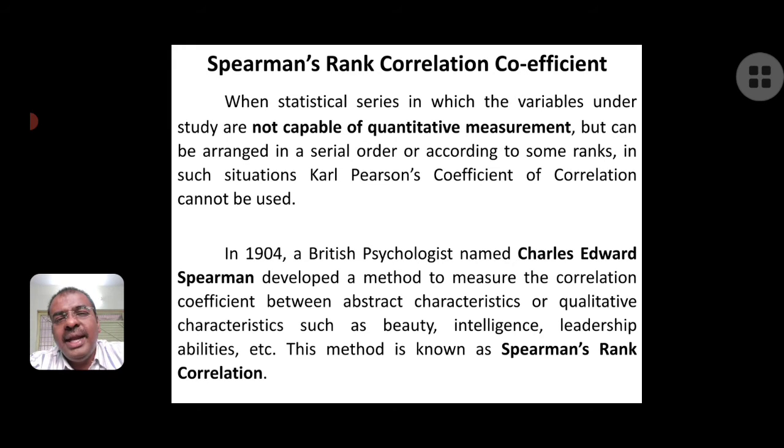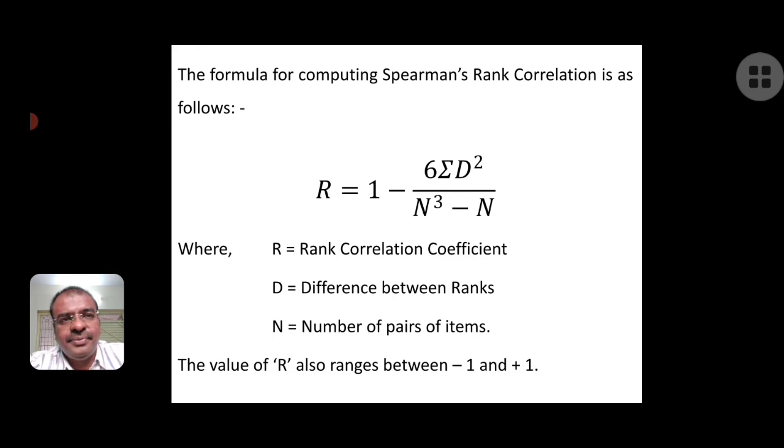So this was the plus point of Karl Pearson's correlation, and the demerit was that qualitative or abstract characteristics could not be measured. This demerit has been overcome by Spearman's rank correlation coefficient in 1904. So that's a brief introduction to the different types of correlation and Spearman's rank correlation coefficient.